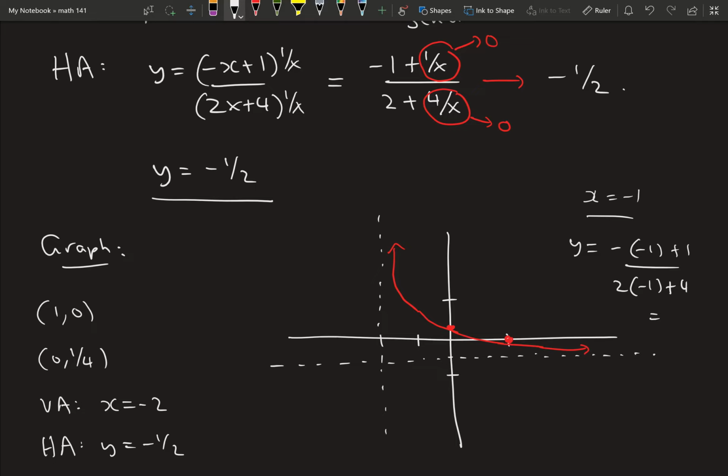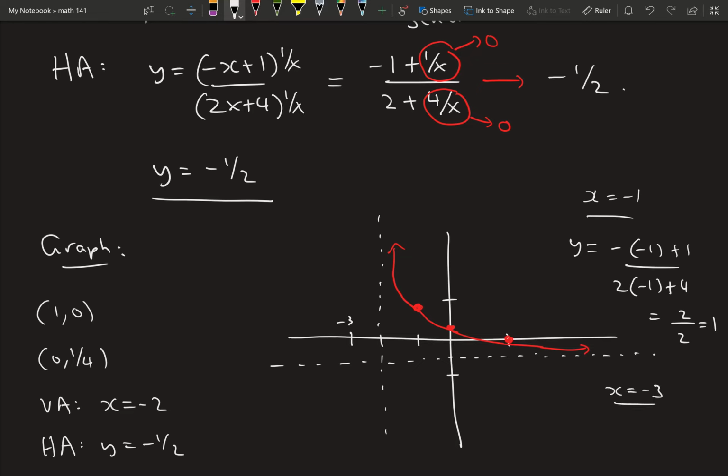You would get 2 on the top and 2 on the bottom, and you get 1 here. So you'd have a point here of (-1, 1). So the graph is definitely going up this way on this side. We don't have any points on the left of this asymptote. We can plug in maybe just 1 point at least. So here's x equals -3.